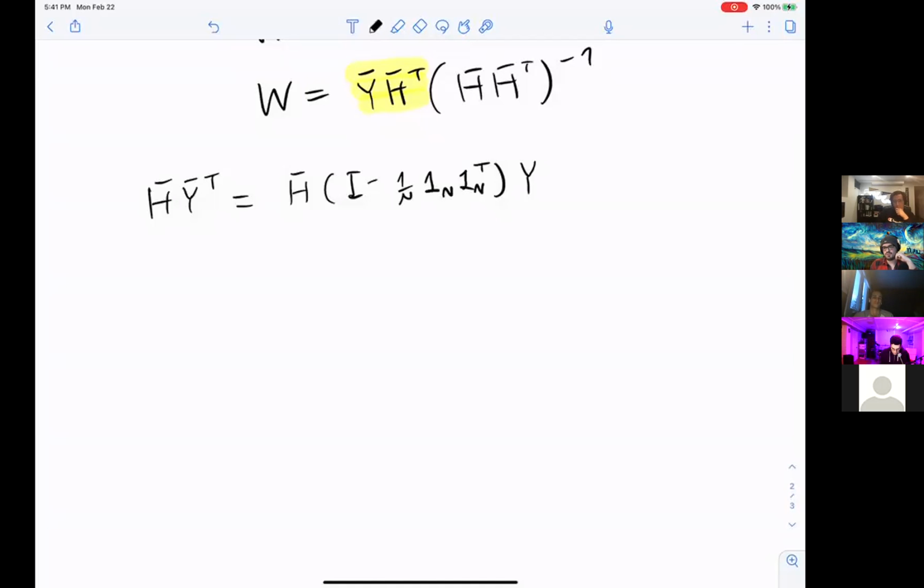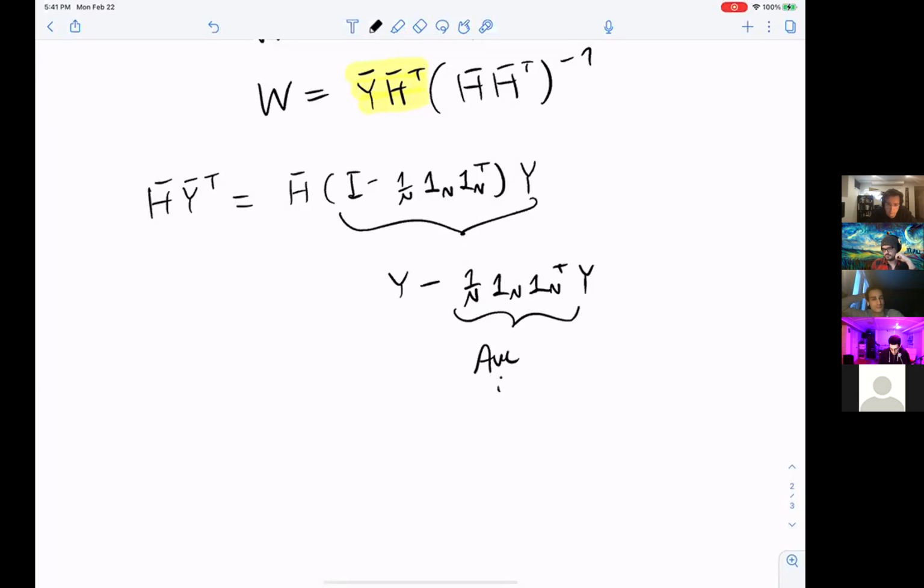So what Neo is saying is that if you just calculate this quantity, what you get is y minus 1 over n, 1 n transpose times y, and this thing is just this thing multiplied by 1 n transpose, right? Does this make sense?